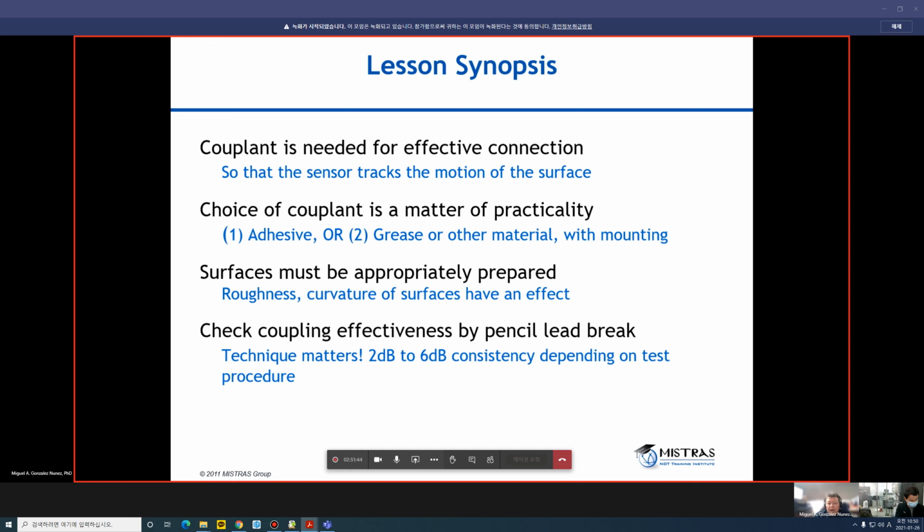We have to have a difference between readings between 2 and 6 decibels, and that will depend on the test procedure. Usually, the smaller the difference between the readings, the better coupling effectiveness we are going to have.